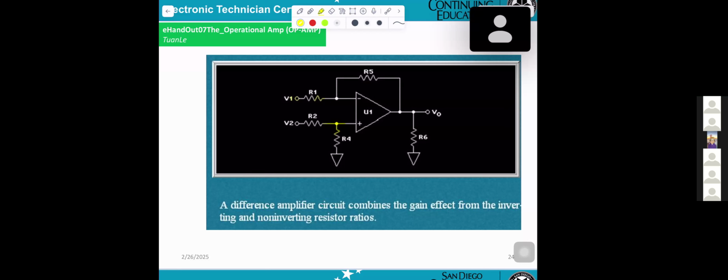The second thing, you calculate Vout 2 for input V2. First you calculate the volt right at the positive input, using the voltage divider: V2 times R4 divided by R2 plus R4.